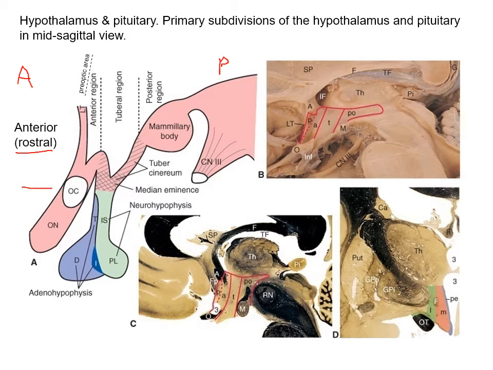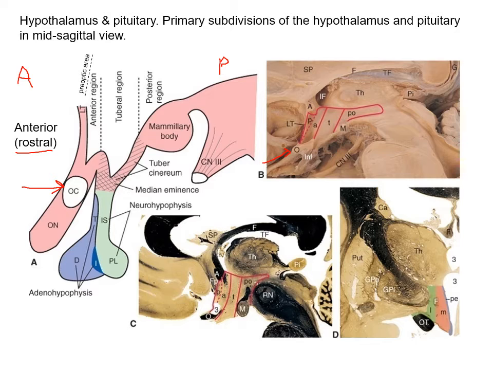One way you can tell is where the optic chiasm is. So you saw the optic chiasm, which is labeled O here on the right, is very anterior, and it's a nice landmark to mark the anterior and most inferior part border of the hypothalamus. And so that's how you can tell what's anterior and what's posterior.